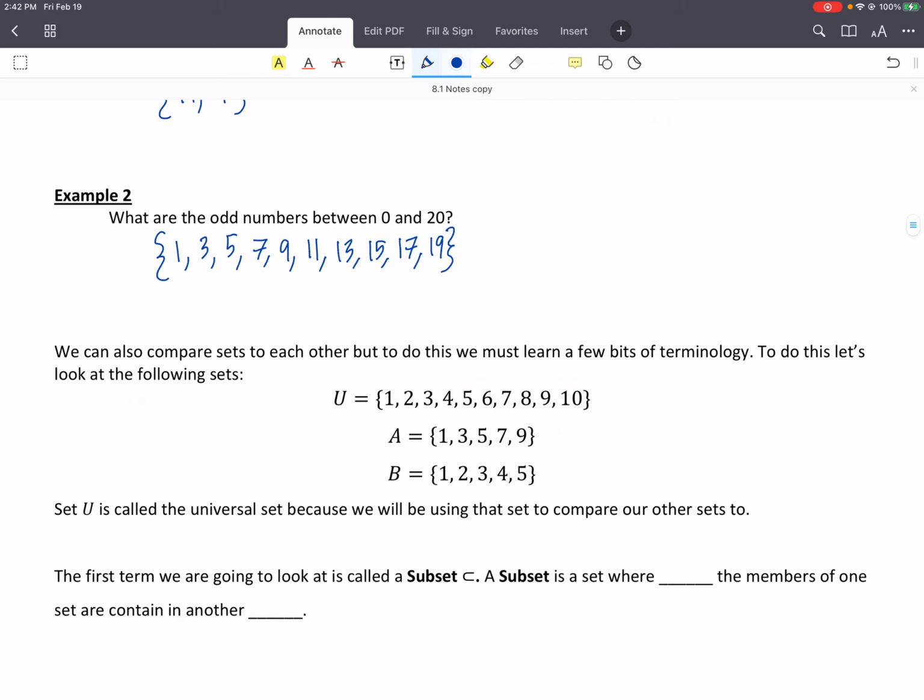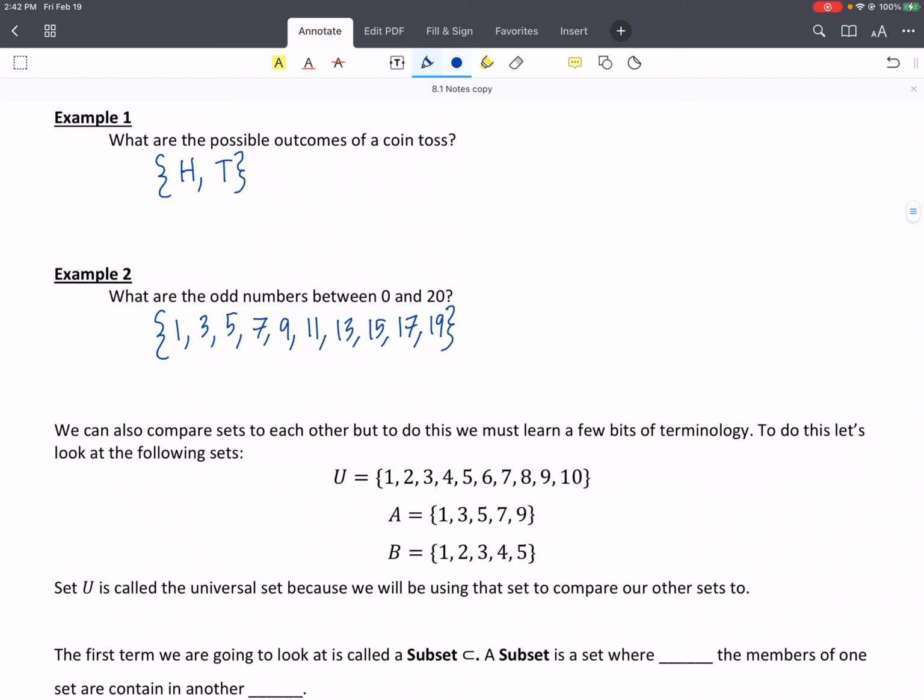Okay, and these sets we can name however we want. So we could call these P for possibilities, or O for odd. Doesn't really matter.